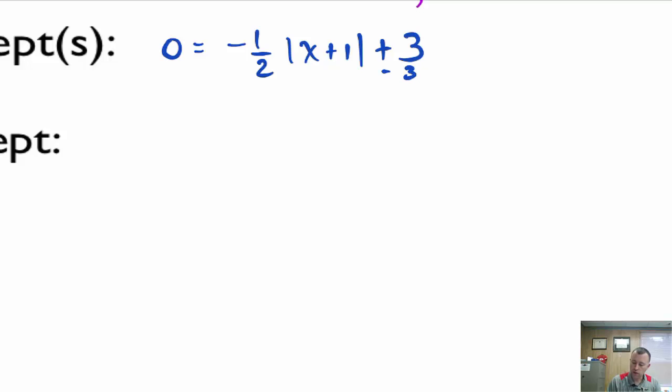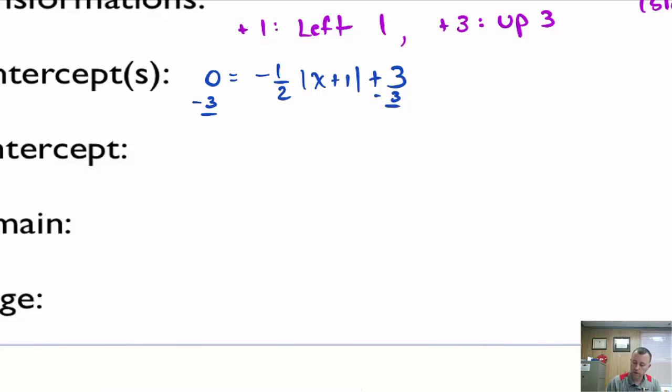So start off, I'm going to subtract 3 from both sides. If I do that, I have -3 equals -1/2 absolute value of x plus 1. Now again, if you understand what I'm trying to do here, I'm trying to isolate that absolute value, and then we're going to set up our two equations. Remember, absolute value, you just set it equal to the number and then the opposite of that number.